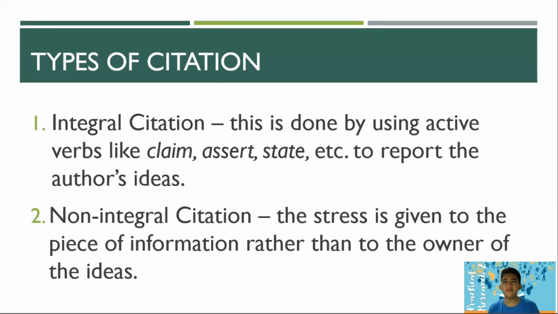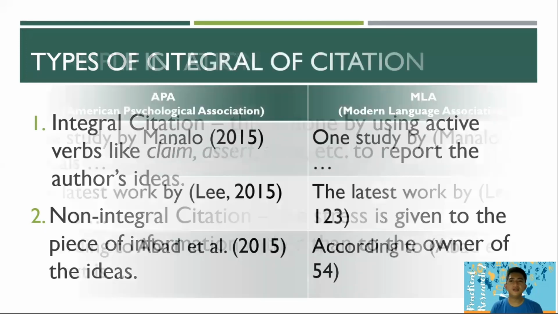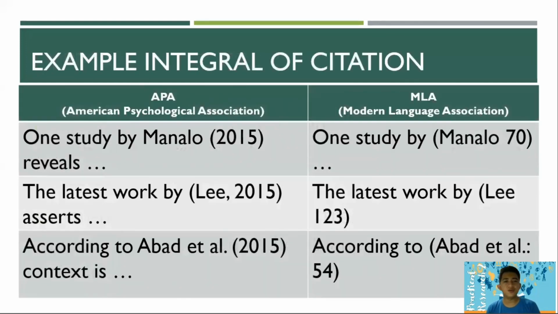This is an example of the integral citation. So we look into the two ways of writing it through the American Psychological Association or the APA and the Modern Language Association or the MLA. The APA format we have here on the left, one study by Manalo 2015 reveals.